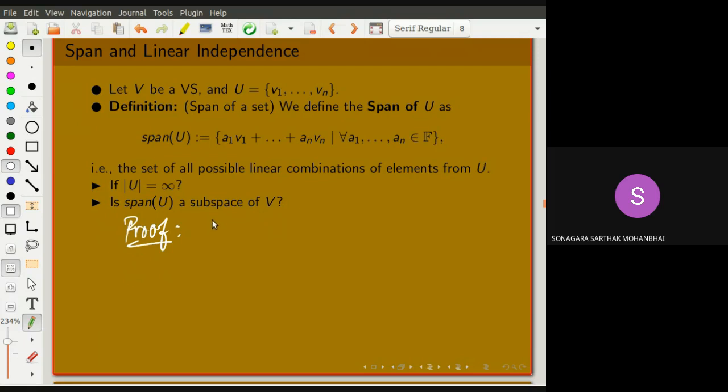So it will be closed under addition and multiplication, because if we take scalars of 1, 1, 1, we have addition of all elements. Right.